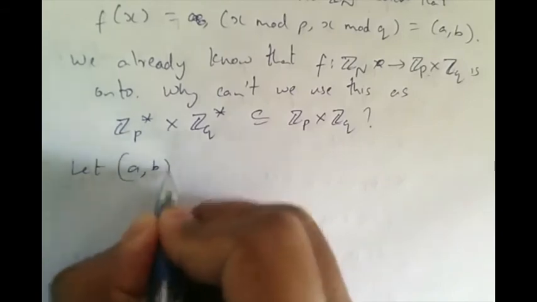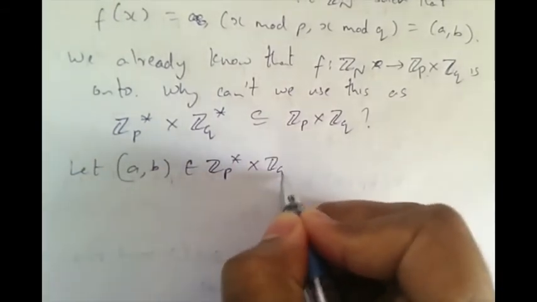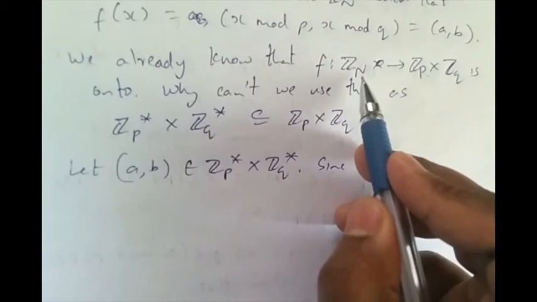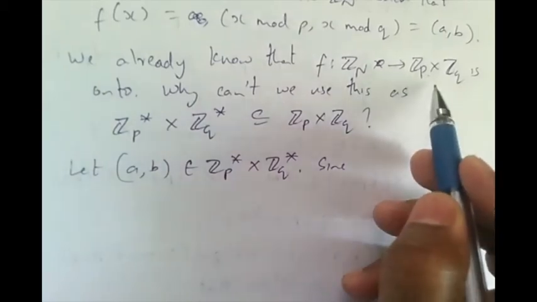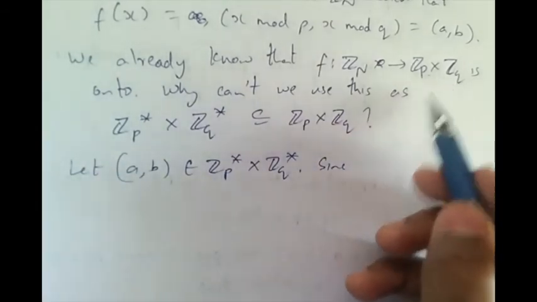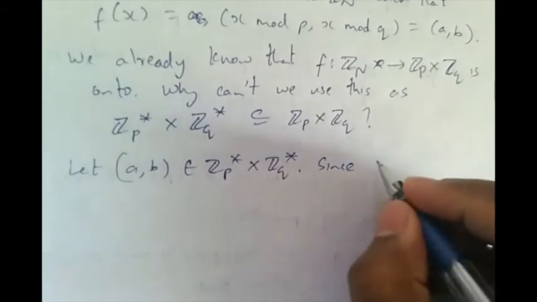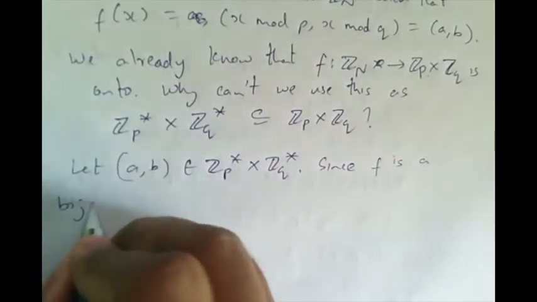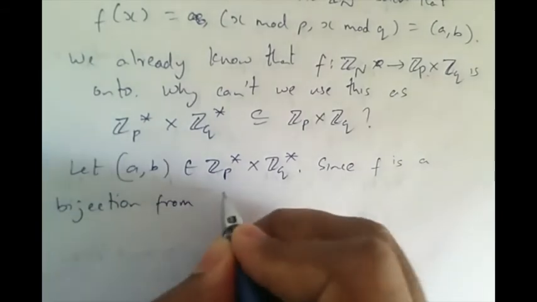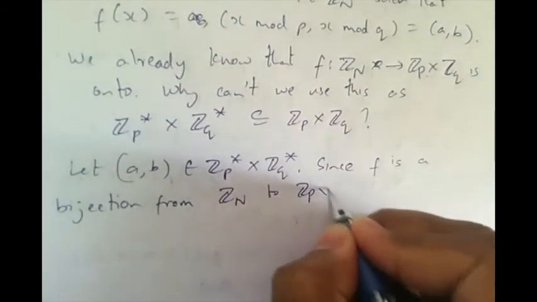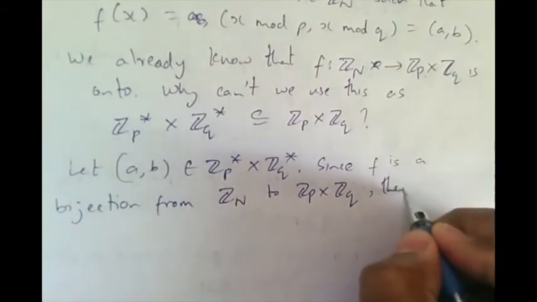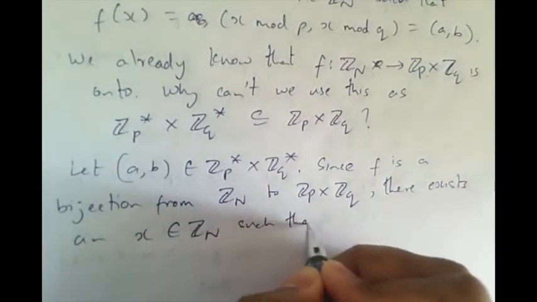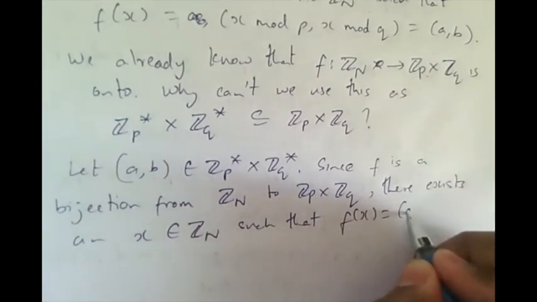Let AB belong to Zp star cross Zq star. Since f is a bijection from Zn to Zp cross Zq, and AB belongs to Zp cross Zq, because this is a subset of this, there exists an x in Zn such that f of x is equal to AB.